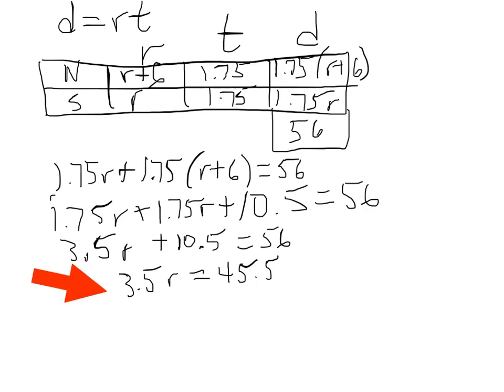Divide both sides by 3.5 and we get r equals 13. That's south's rate, and north's rate is r plus 6. South's rate is 13, and north's is 19.